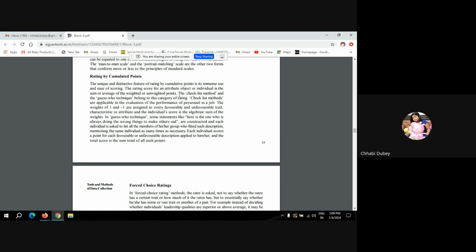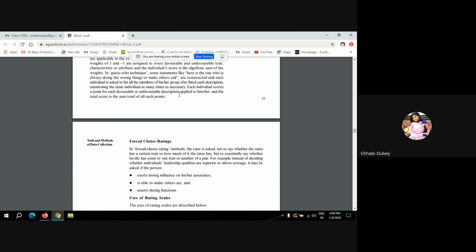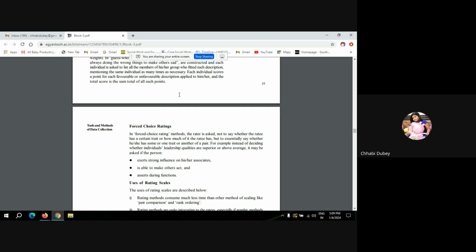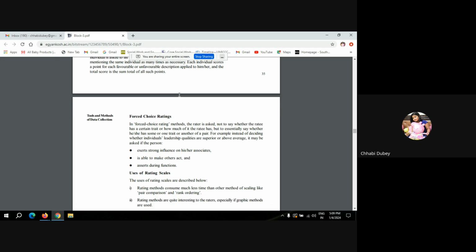After the rating by accumulated points, we come to the forced choice ratings. In forced choice ratings, the rater is asked not to say whether the ratee has a certain trait or how much of it the ratee has, but to say whether he or she has some of one trait or another of a pair.